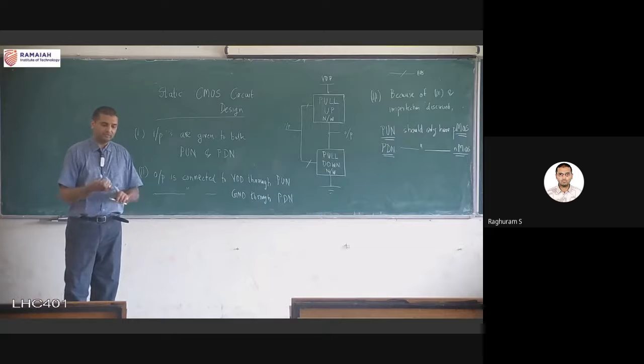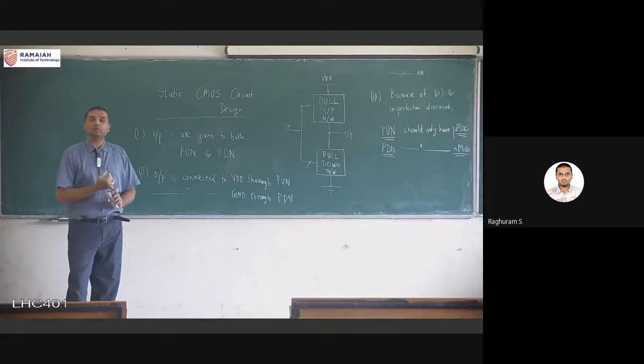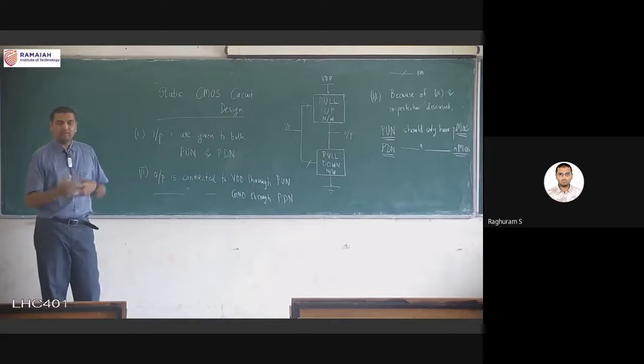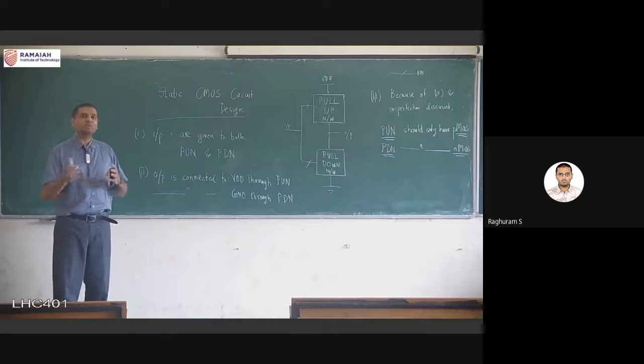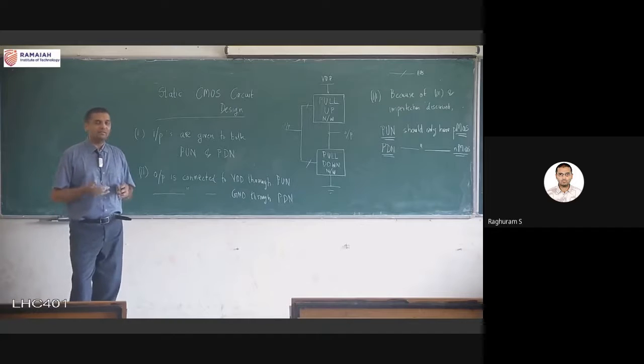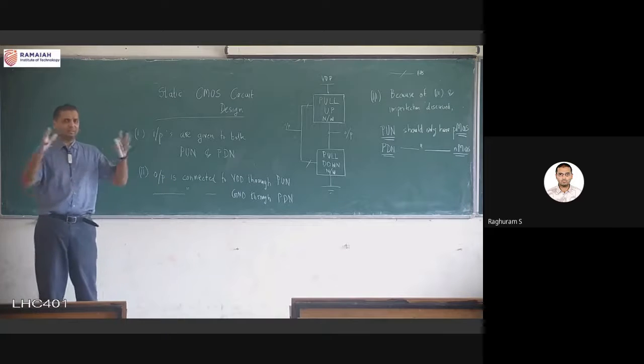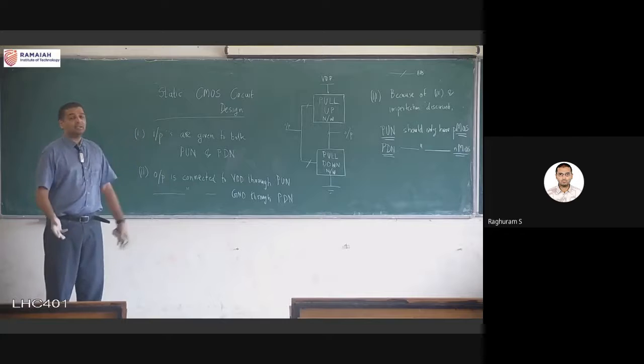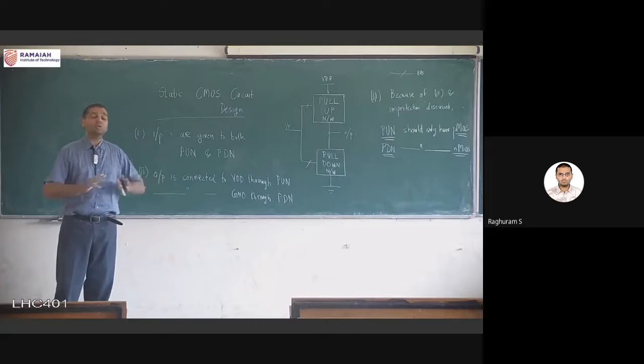Because of this, the circuit is more reliable, because as you know from our mechanical devices, whenever there are moving parts, there is more wear and tear, and whenever there is wear and tear, there is going to be failure. And in mechanical parts, they are big enough that we can actually repair them. But if that happens in electronic circuits, you cannot repair them.